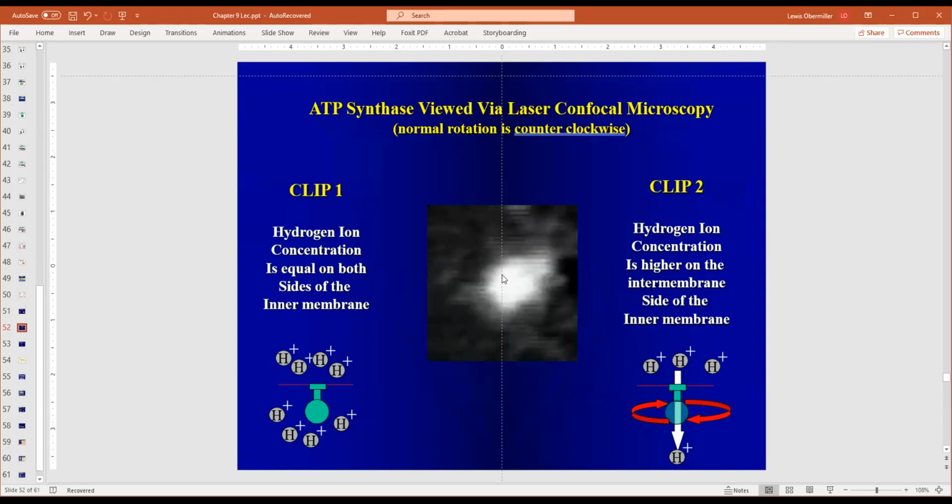But basically, this is an actual electron microscope view of this, and you'll see that when the membrane is intact, this thing spins. And when the membrane is punctured, it doesn't spin. And so we know that ATP synthase is what is making that ATP.